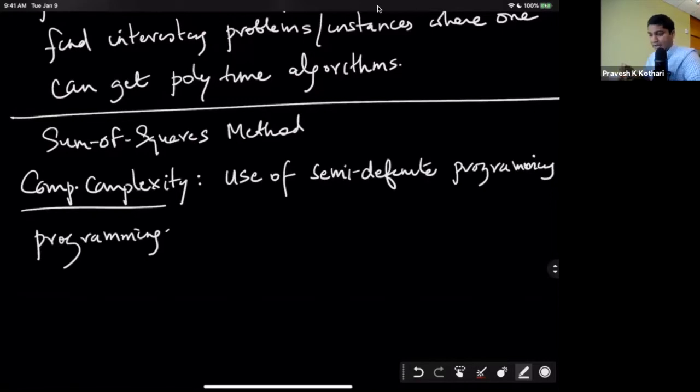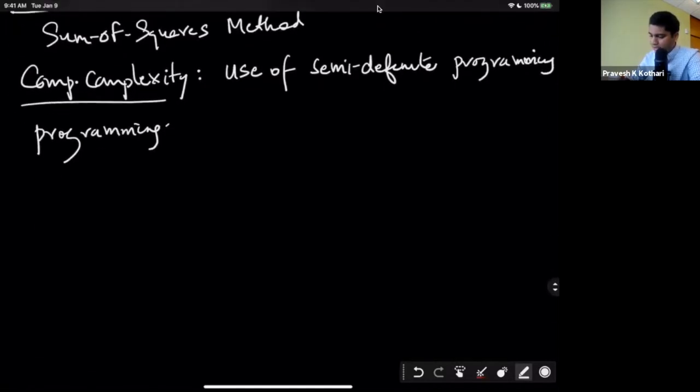I don't know if you've heard about semi-definite programming. We're going to define it a little bit later on in this class. But if you haven't, for now you should just think of it as a generalization of linear programming. And so semi-definite programming is a super useful method of algorithm design in computational complexity.